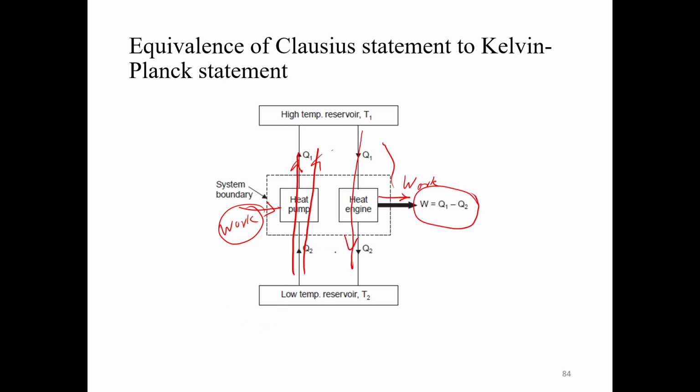Don't worry, we will discuss heat pumps and heat engines later in more detail. For example, a petrol engine is a heat engine, then the diesel engine too. All the thermal power plants are heat engines. Refrigerators, air conditioners, and freezers are all heat pumps.